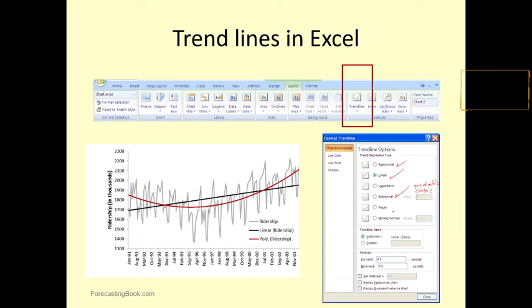Every time you add one of them, you are making a bend in the regression. That is what we have covered today. Remember that you can use this trend line in Excel all the time.